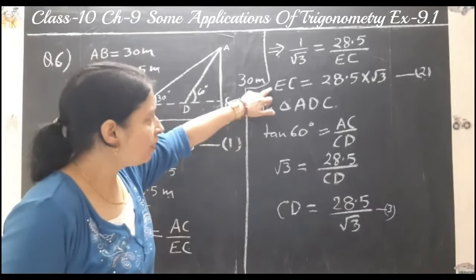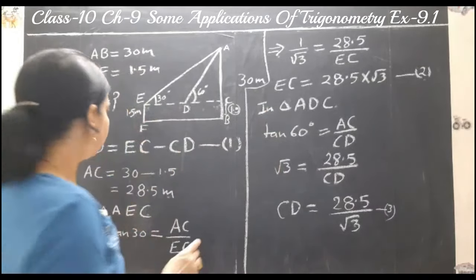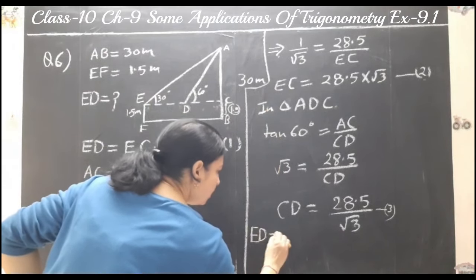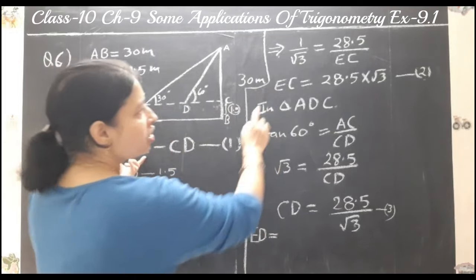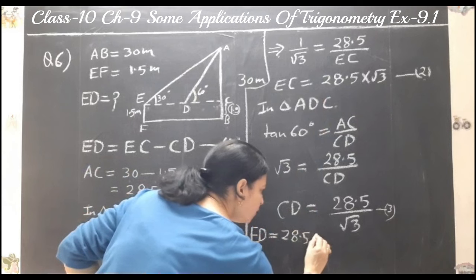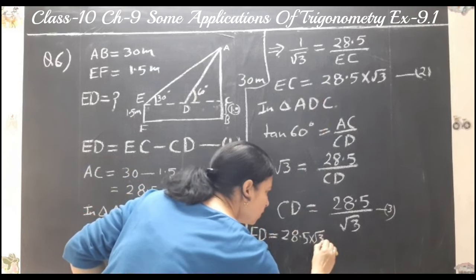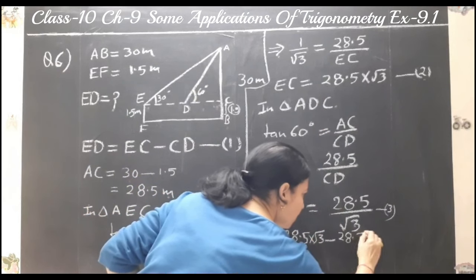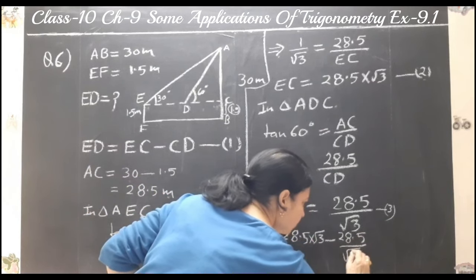Now put the value of EC and CD in this equation. We get ED. So what will be ED? Right here ED will be EC, which is 28.5 multiplied by root 3, minus this one, which is 28.5 divided by root 3.